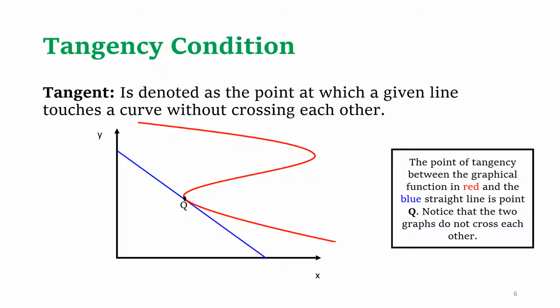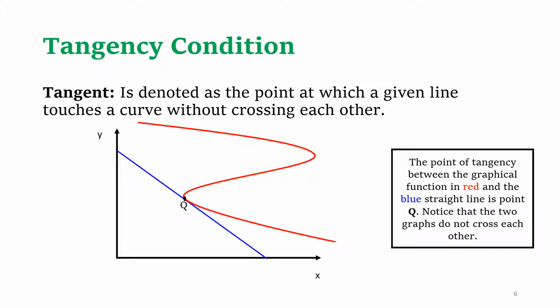Now we have the tangency condition. Now, what is a tangent? A tangent refers to the point at which, let's say, a given line touches a curve without crossing it. Now, sometimes you will have this function, this curve, tangential to a straight line.